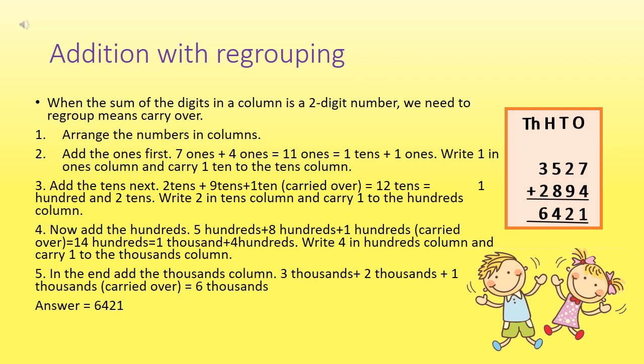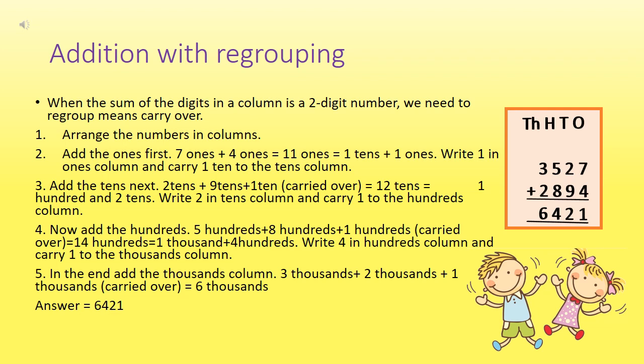Now next we will add hundreds, and we have 5, 8 in hundreds column, and 1 has been carried over. So 5 plus 8 plus 1 is 14 hundreds. So that means 1000 and 4 hundreds. So we will write 4 in hundreds column and we will carry 1 to the thousands column.